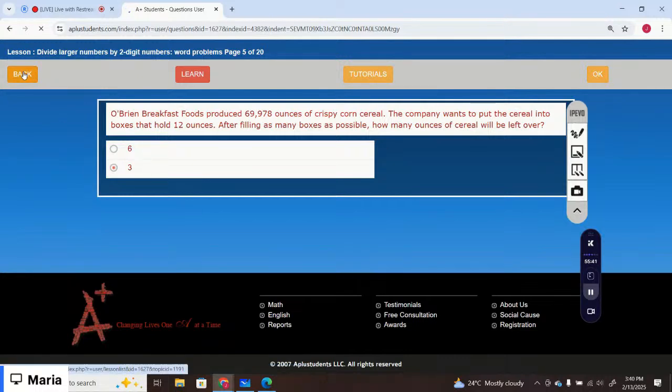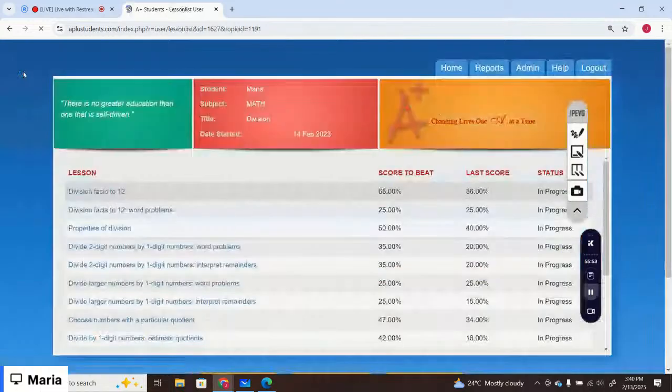Okay, we are done with the lesson. So we were working on grade 4 math. The chapter we were working on is division.